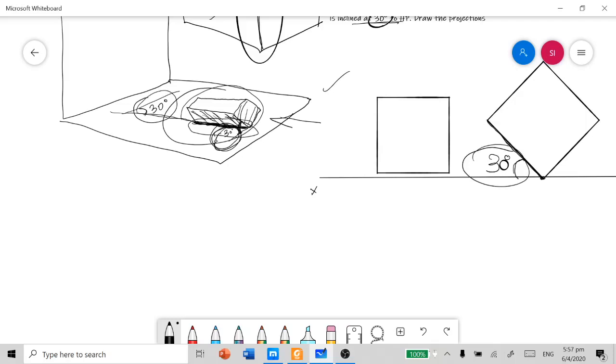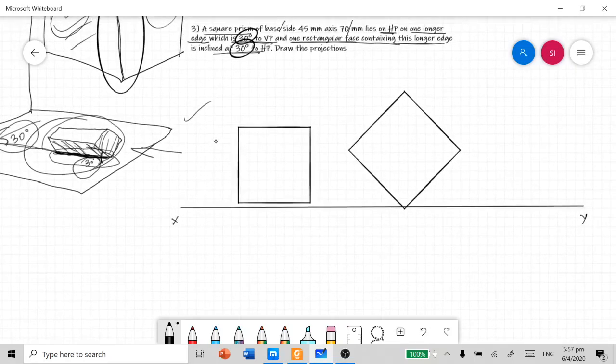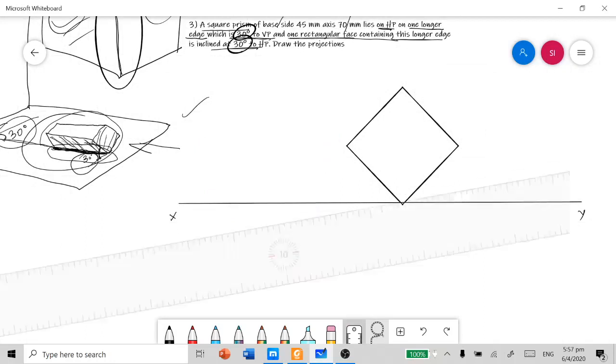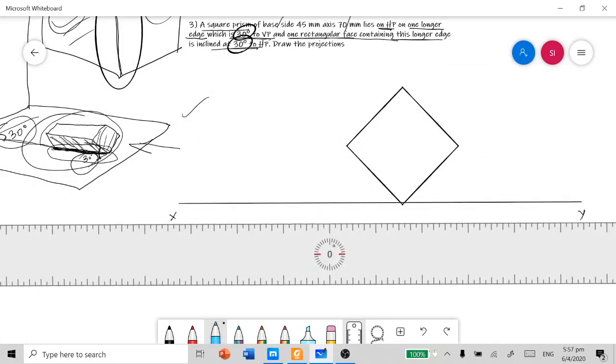So what you need to do is draw a square base in the front view by maintaining one base side of the square at 30 degree with the XY line. This can be done by drawing a pilot line with a 30 degree inclination.